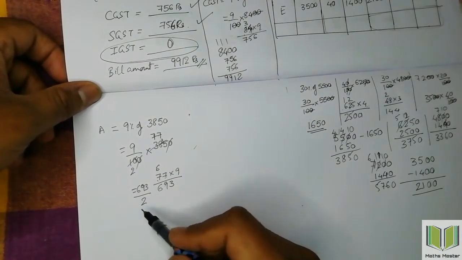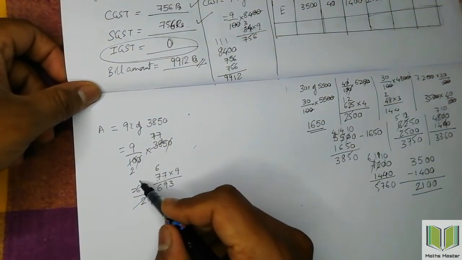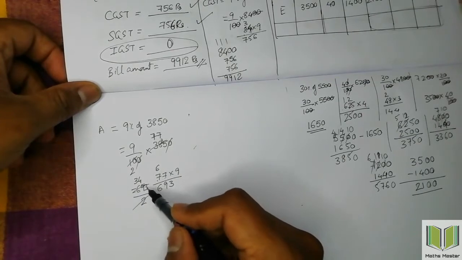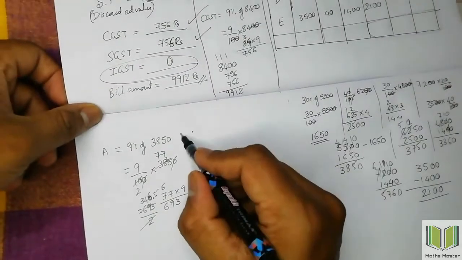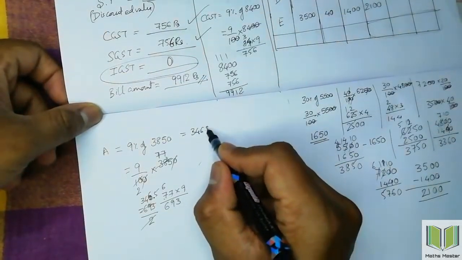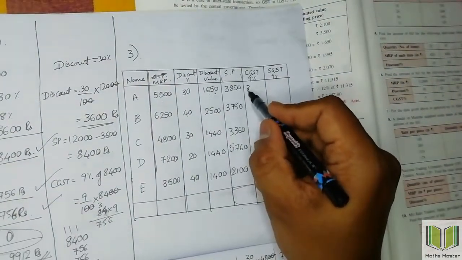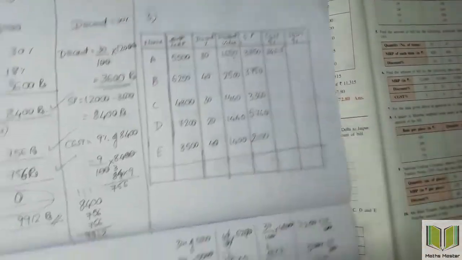So this will be 346.5. 346.5 is the first case. So let me write it here.